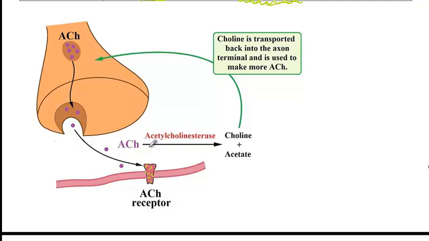For acetylcholine, the enzyme that breaks down this neurotransmitter is called acetylcholinesterase. Consequently, acetylcholine will be dissociated into choline and acetate. Choline will be transported back into the axon terminal, and the nerve cell can use it to make more acetylcholine neurotransmitters.